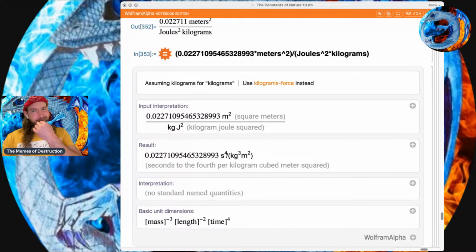So molar mass. Oh, let's do it molar mass raised to the 3. Oh god. This is gonna be so messy. Molar mass, meters per mole. Is this gonna cancel out?